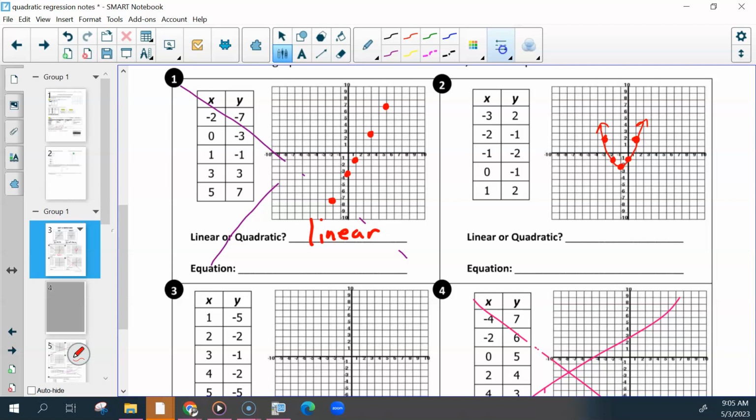Quadratic. It makes that U shape. So then to find that equation, we can either use Desmos or the calculator to find it. I'm going to go back and do the calculator steps, just in case you missed that. If you want to do it in Desmos, feel free to do that. The next one I'll do in Desmos.